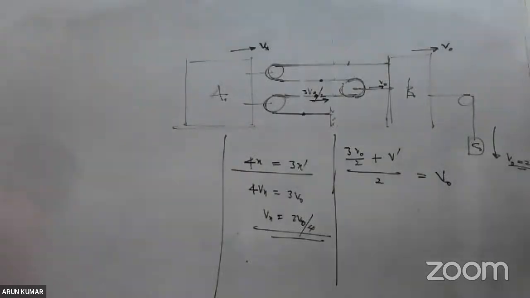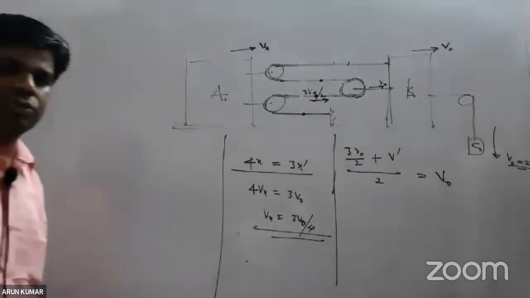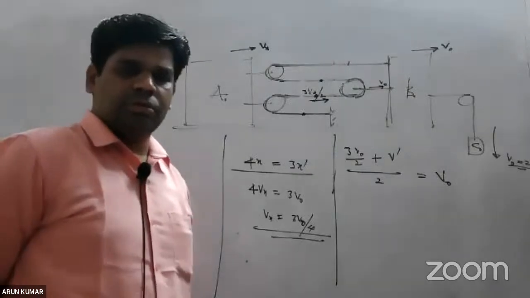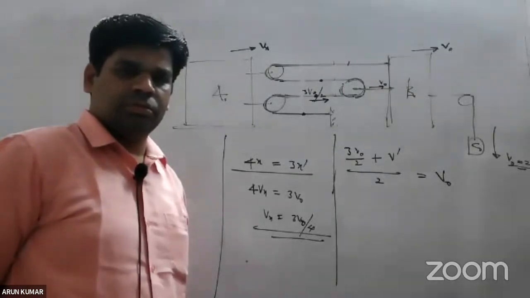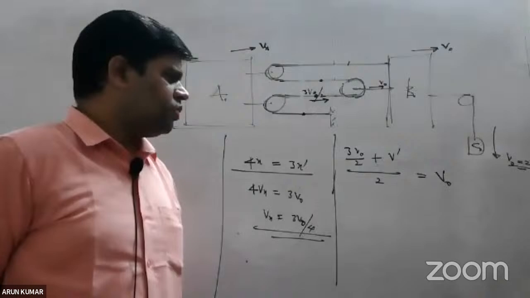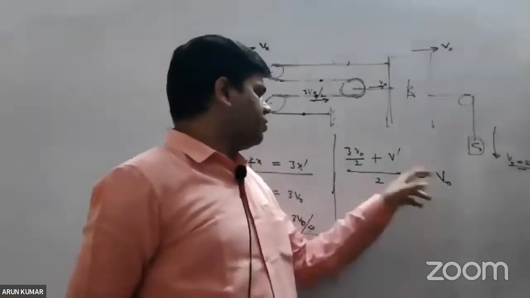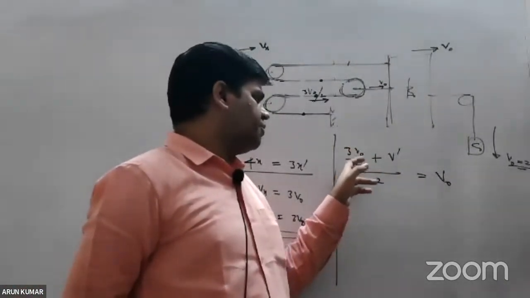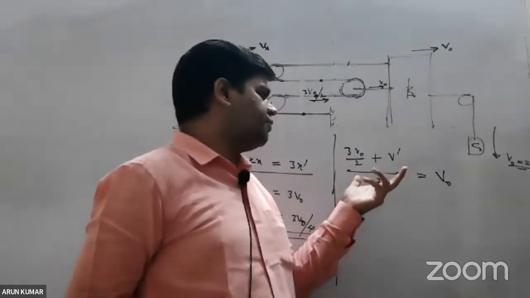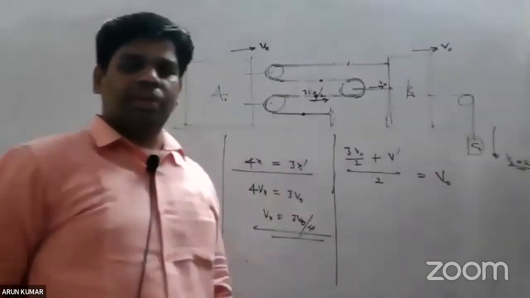V naught by 2, sir. Yes. 2V naught minus 3V naught by 2, which is how much? V naught by 2. So V prime is V naught by 2.